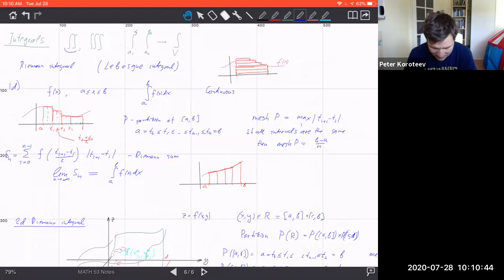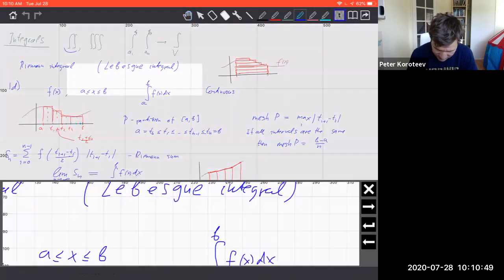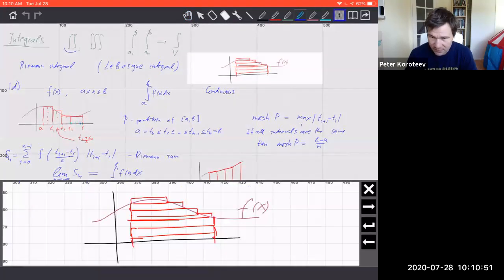including the Lebesgue integral, which is constructed by partitioning the range of the function instead of the domain. So if you have a function, then you partition its range and then calculate the sum.